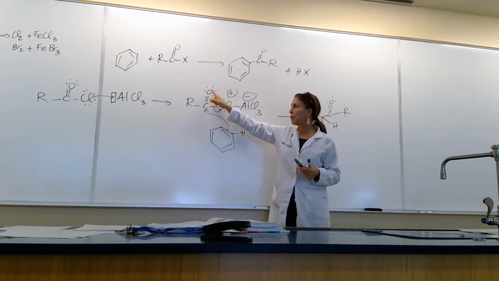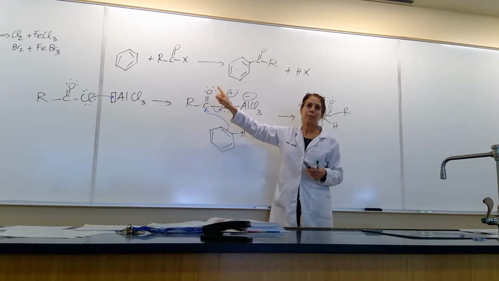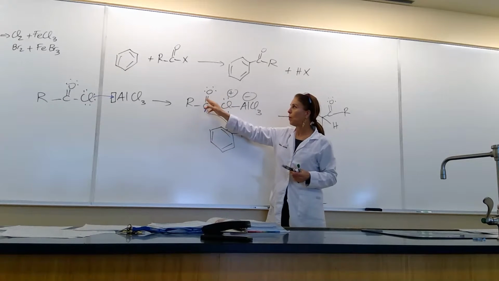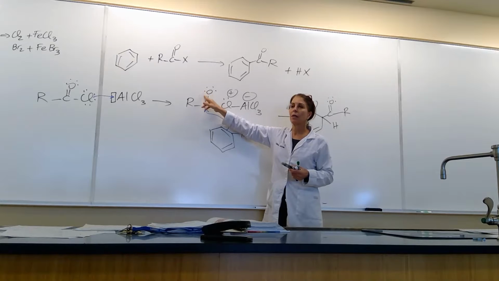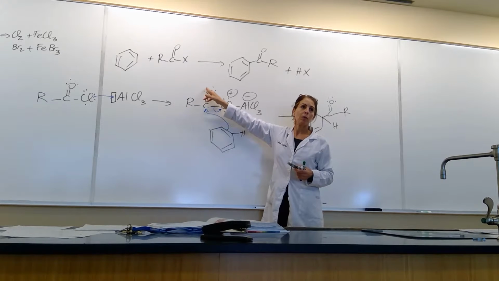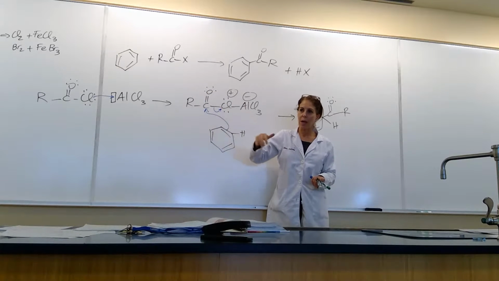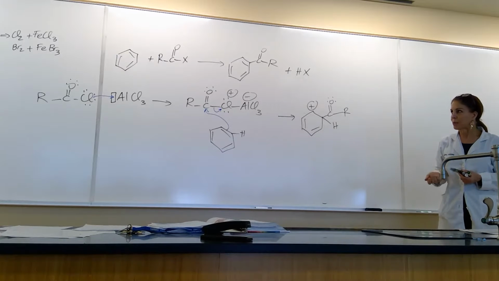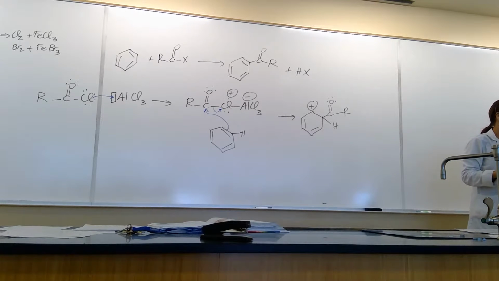Take a look. What type of bond is this? Remember, for reactions to happen, you have to have polar bonds. So not only is it polar, but the oxygen can what? Can pull the pi bond to allow the reaction to happen. So that's why we're going to see in the next few chapters how the carbonyl group has a very positive carbon. That carbon is more positive than a carbocation.